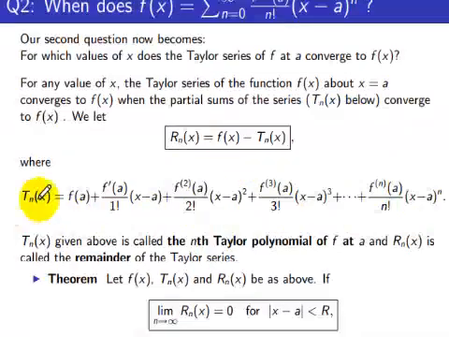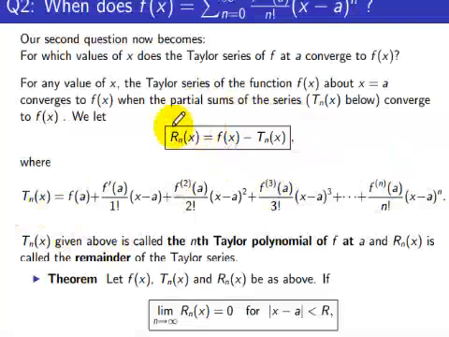As I said earlier, if you find some approximation, you have to measure the error. So this is the exact function and this is the approximation. The distance between f and T is the error.